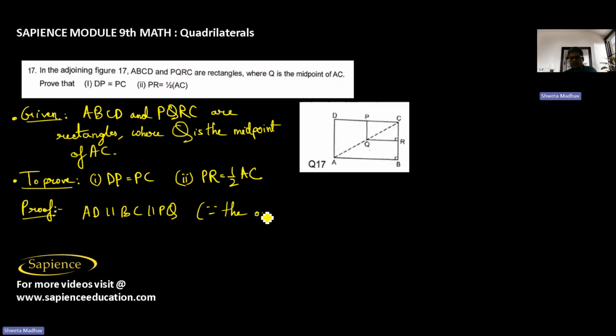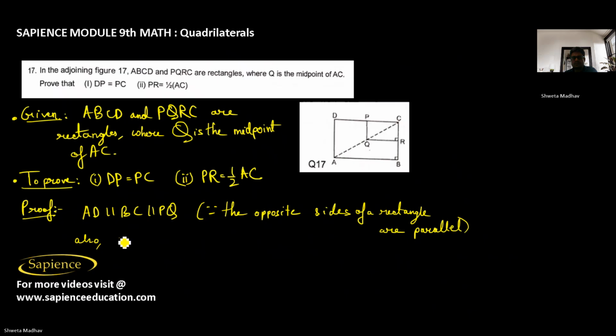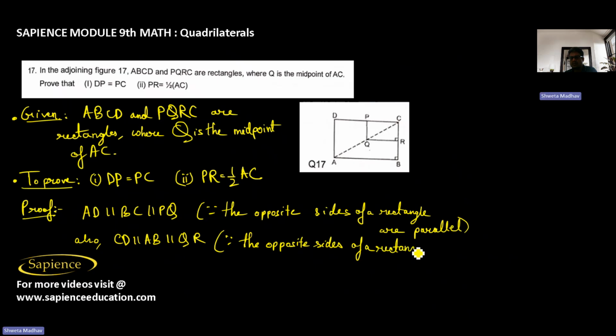Hence, we can say that opposite sides of a rectangle are parallel to each other. And also, CD is parallel to AB, which is parallel to QR. The reason is the same, since the opposite sides of a rectangle are parallel to each other.